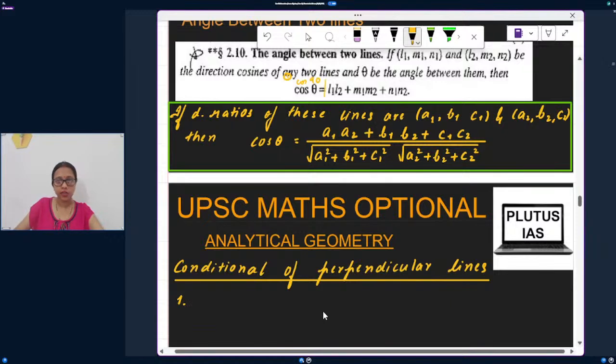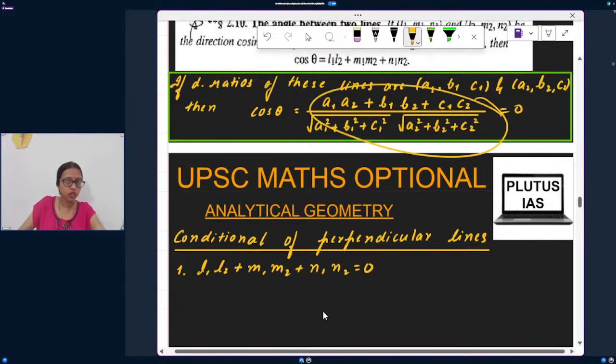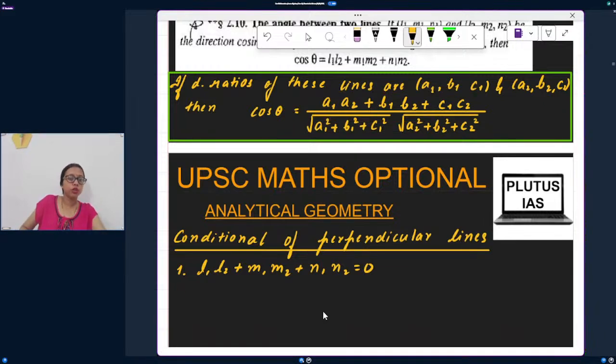In that case, L1 L2 plus M1 M2 plus N1 N2 is equal to 0. So in terms of direction cosines, if you have perpendicular lines, then L1 L2 plus M1 M2 plus N1 N2 is going to be 0. In the case of direction ratios, cos 90 is again 0, but here I have a fraction, which is 0 if and only if its numerator is 0. So here also the same situation: A1 A2 plus B1 B2 plus C1 C2 is equal to 0.